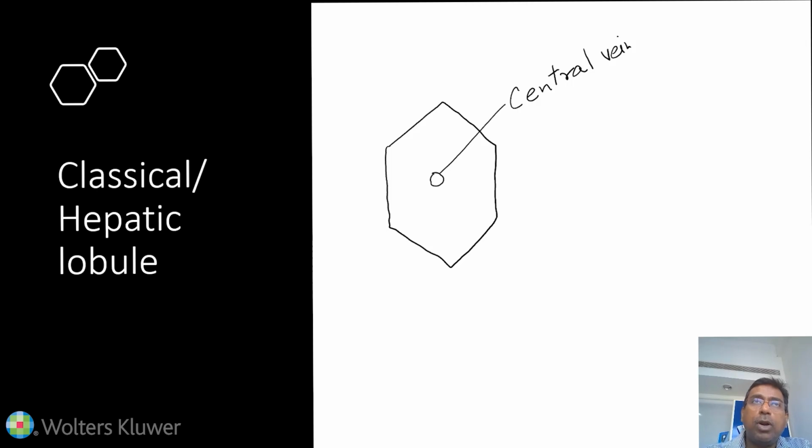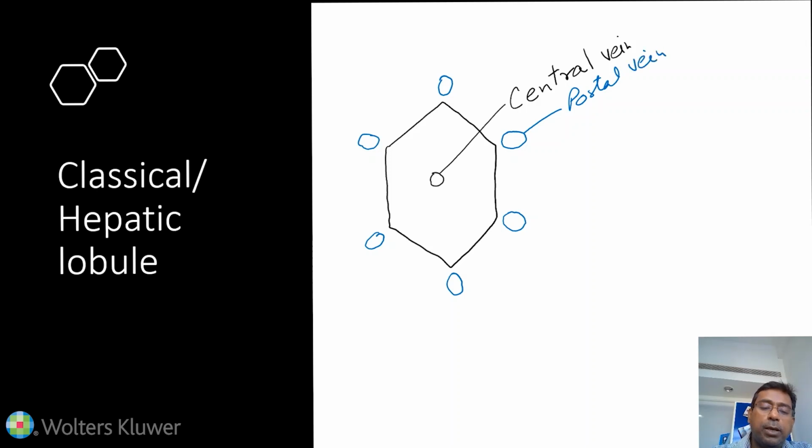These are together called portal triads or the portal areas. The largest lumen of these three tubes is of the portal vein. So that's the portal vein. Then there is the hepatic artery.